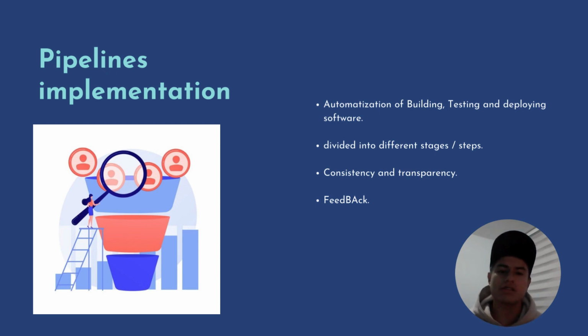It is divided into different stages or steps, like the information ingestion, the software development, the insights for the analysis, etc. It helps us with consistency and transparency because we can see the status of every change that our team is doing, so we can get early feedback too.